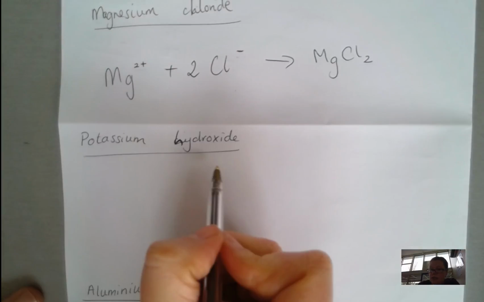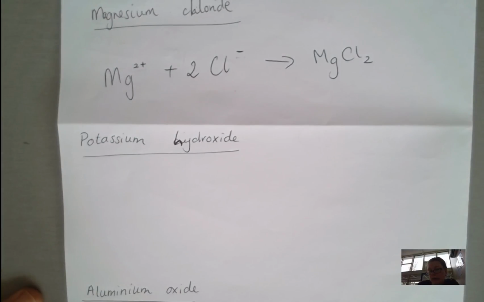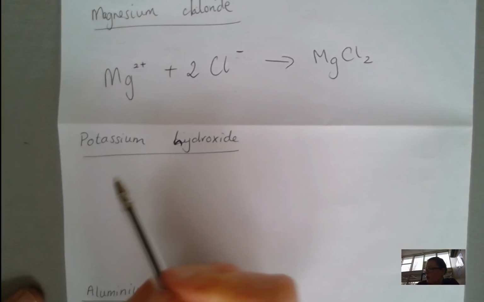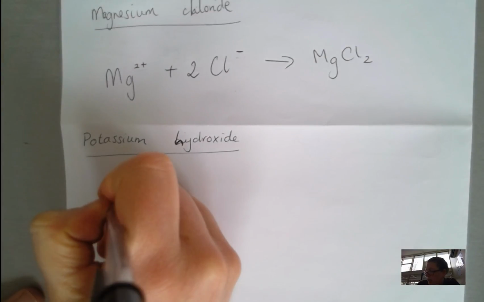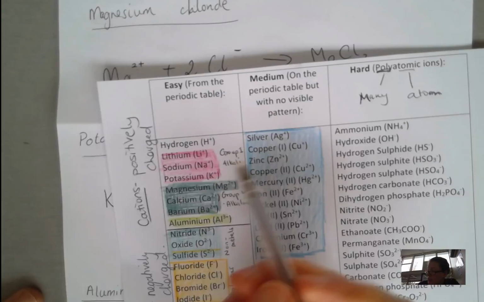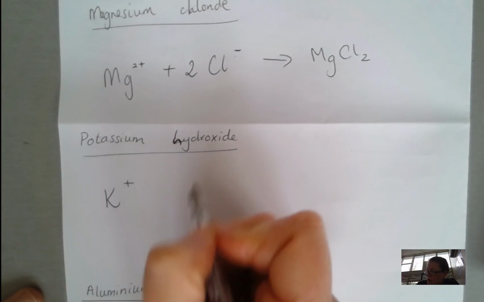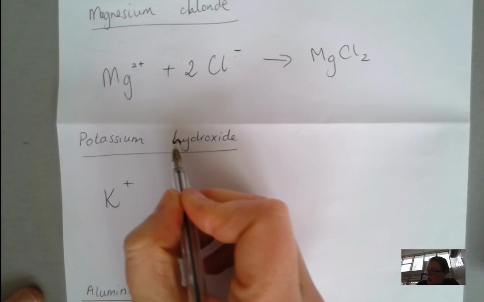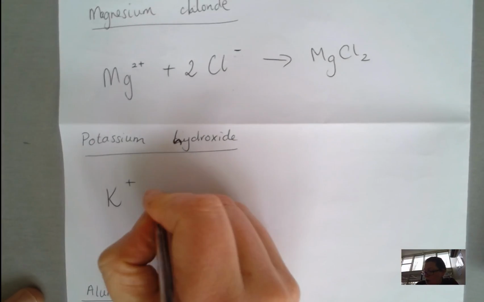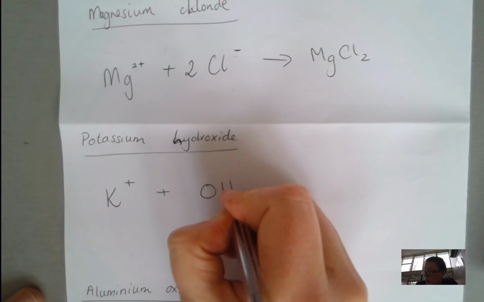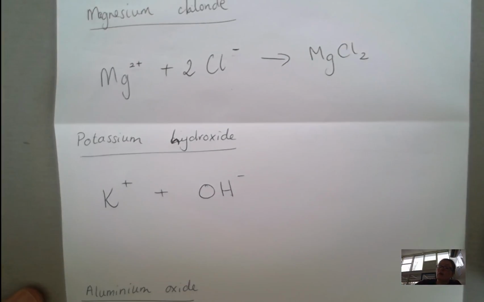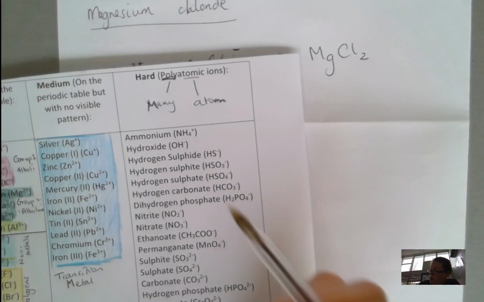Potassium hydroxide. Now we're starting to move into something a little bit trickier. We've got potassium, that's pretty easy, that's K, and it's got a positive 1 charge. For hydroxide, oxide means oxygen, hydro means hydrogen, so it's actually a polyatomic ion, which we can find on our chart here.